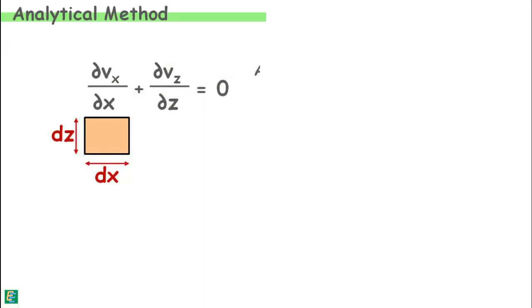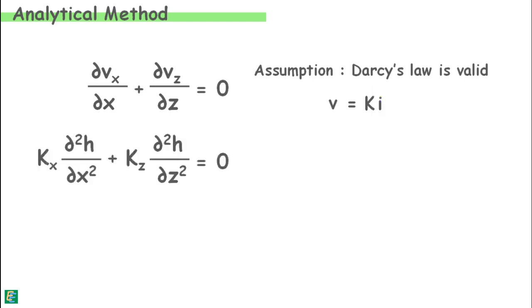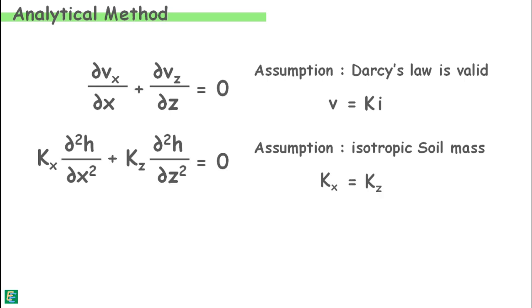After applying some assumptions, like Darcy's law is valid, we can write the velocity of water as permeability times hydraulic gradient, where the hydraulic gradient across this element is del H by del X and del H by del Z. So, the next assumption is, if the soil is isotropic, then permeability in X direction is equal to the permeability in Z direction.